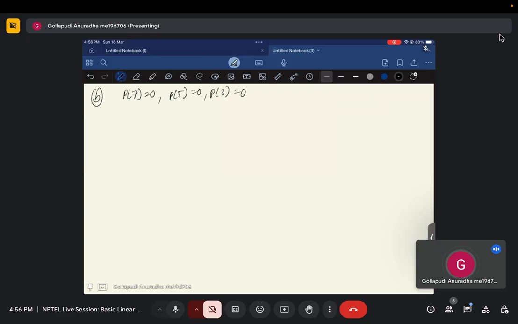How can you get this? So P3, as we did before, a0 + a1x + a2x² + a3x³.